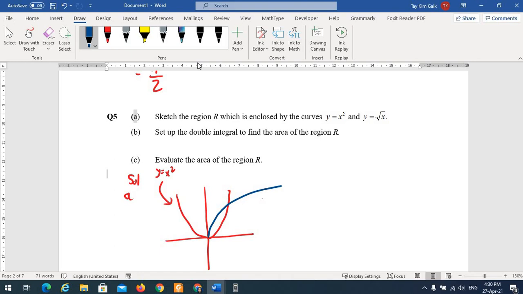You want to know what the intersection point is, so you have to solve these two equations simultaneously. Since both are y, they are equal: x squared equal square root of x. To eliminate the root, if you square both sides, this will be x to the power 4 equal x.